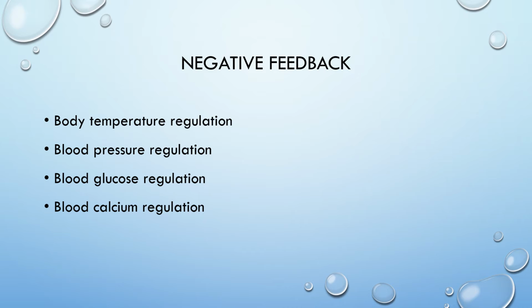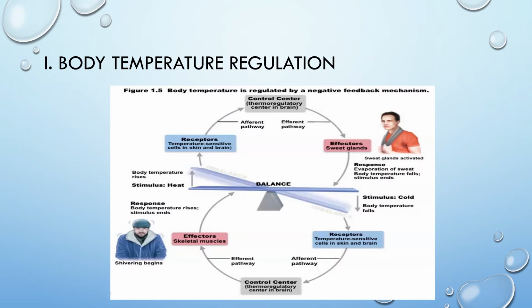The first one is body temperature regulation, then blood pressure regulation, blood glucose regulation, and blood calcium regulation. So, how are the changes in the body detected by the receptor, and then information sent to the control center, and what are the changes that occur to maintain or restore the values towards normal.